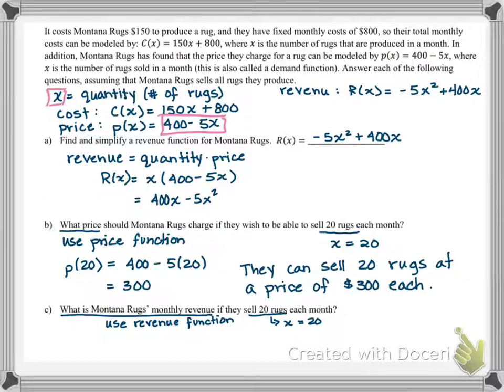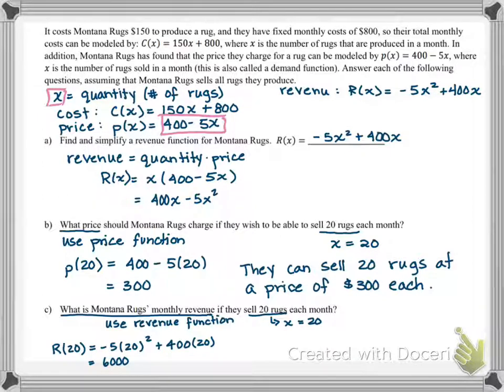In this case, because we already figured out the price and we know the quantity, we could just multiply 20 times 300 to get the revenue corresponding to an input of 20. You can also go straight mathematically and plug 20 into the revenue function, and you'll get the same thing, 6,000.